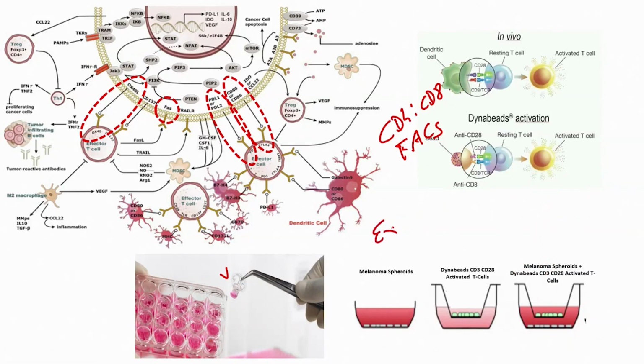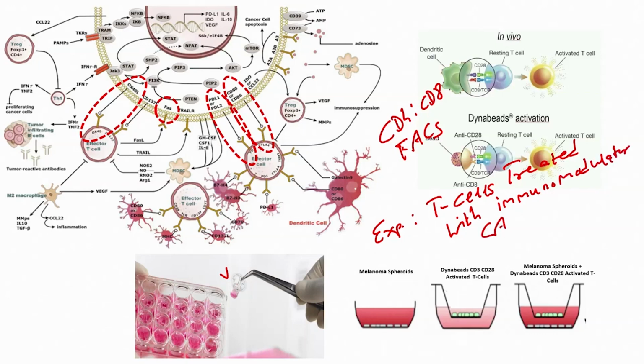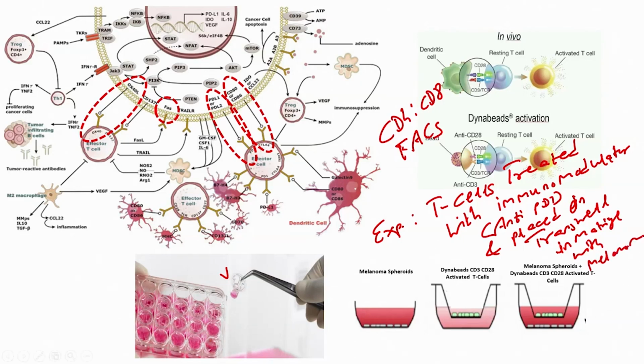So, our experiment would be T cells treated with an immunomodulator like anti-PD1 and placed on the transwell in matrigel with melanoma spheroids.